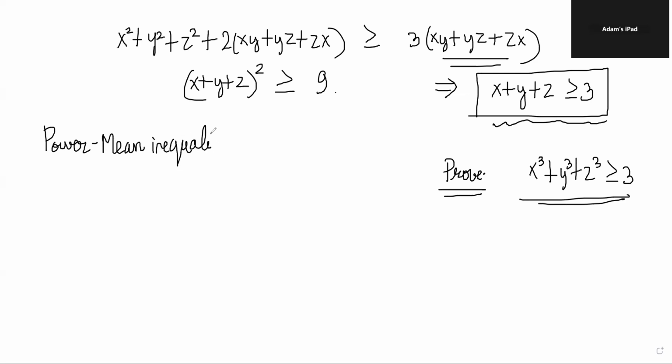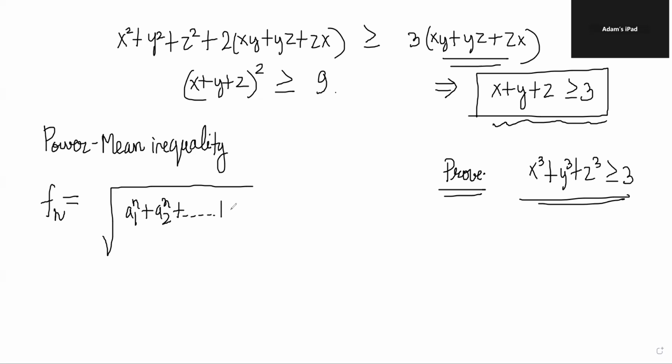What it says is that we'll define the nth power mean as this expression: a1 power n plus a2 power n plus ak power n, all divided by k, and then the nth root. So this is like the average of the nth power of some k numbers, and you are taking the nth root of that.